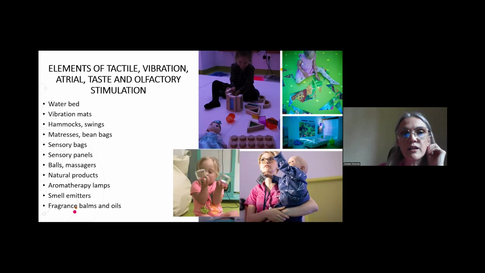Elements of tactile, vibration, gustatory, taste, and olfactory stimulation. Very nice elements: a water bed and vibration mats, hammock swings, mattresses, sensory bags, sensory panels, balls, massagers, natural products, and aromatherapy lamps or stimulators of smell.